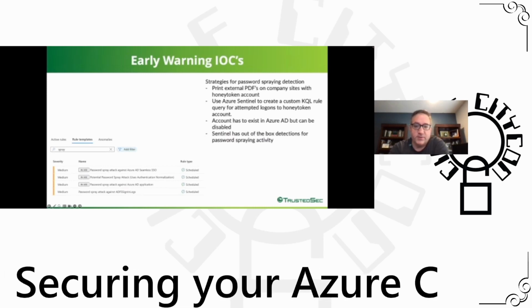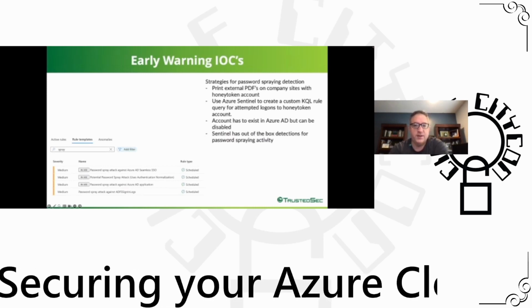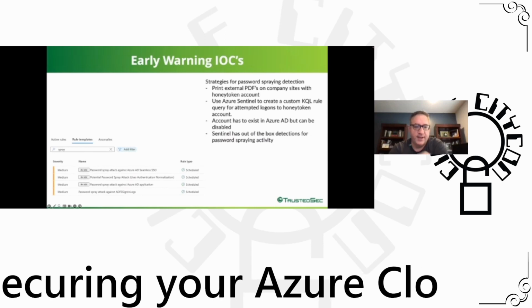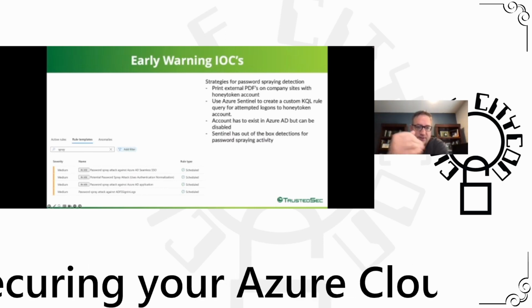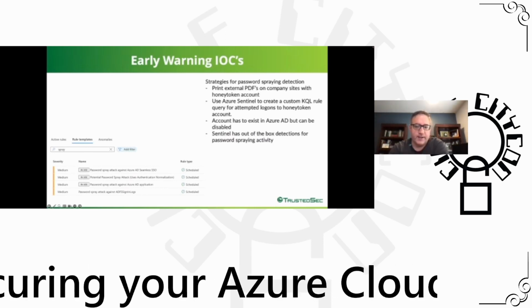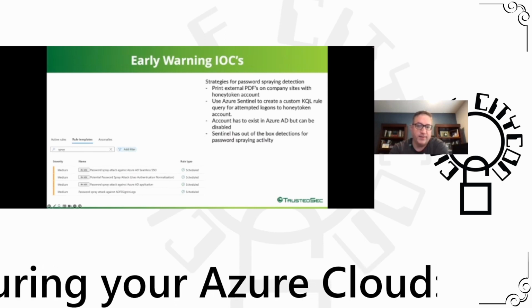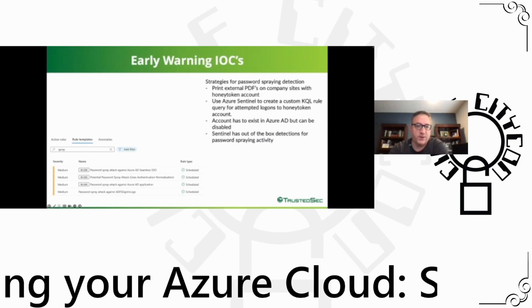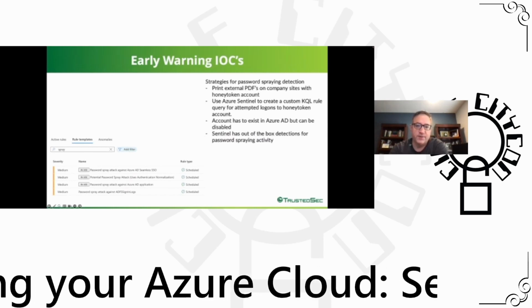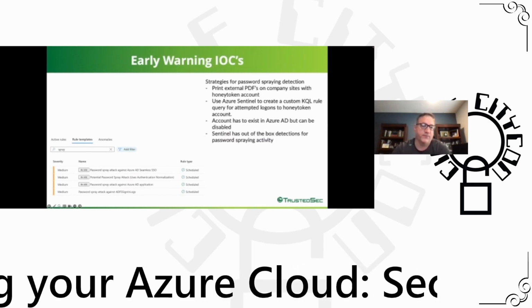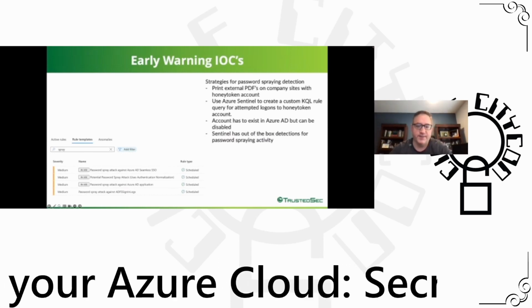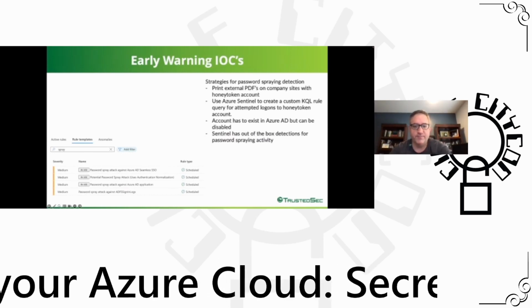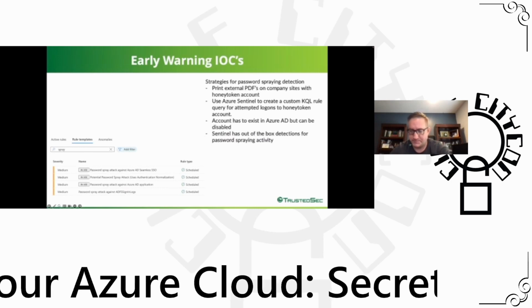If an attacker is doing a low and slow spray against an Azure tenant, it may not hit the thresholds that are defined within the KQL query, and you may need to either lower it or adjust a modification where if you're seeing a bunch of logon failures within the span of a few minutes of each other, then that's something that you may want to be aware of. But there are options there.